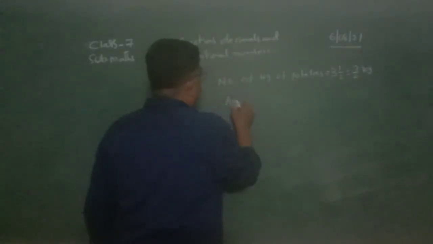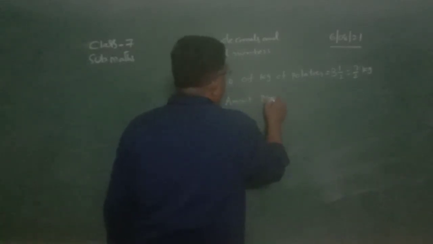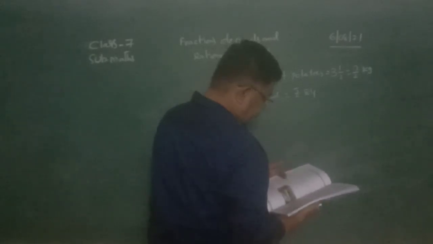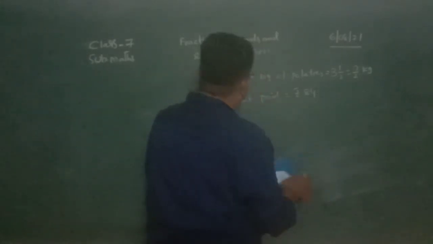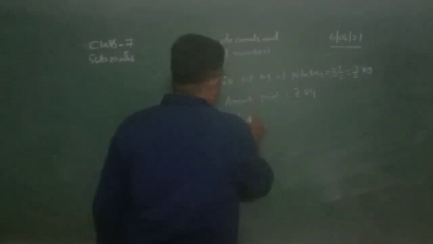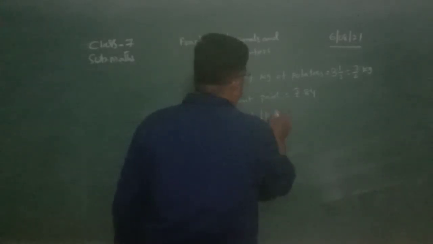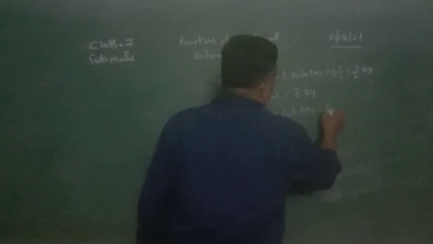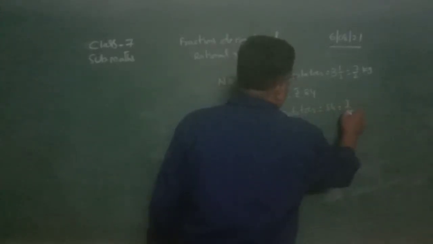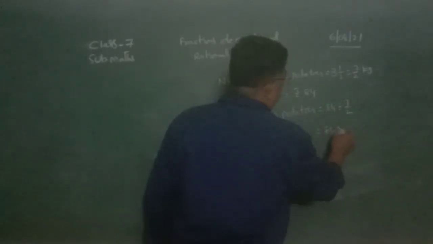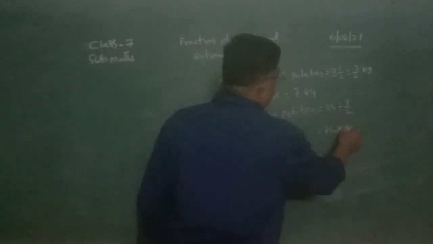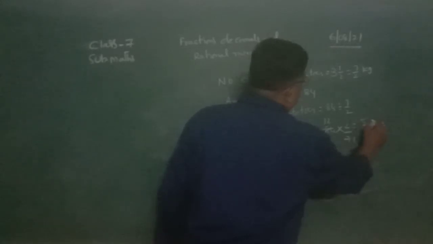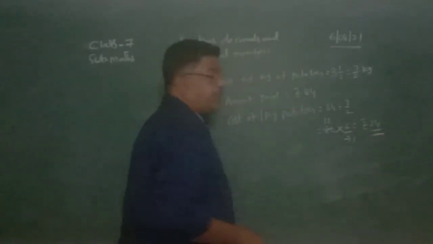Amount paid is rupees 84. Cost of 1 kg of potatoes is equal to 84 divided by 7 by 2. Division becomes opposite, into 2 by 7. 7 ones 7, 12s, and the cost of 1 kg of potato is 24 rupees.